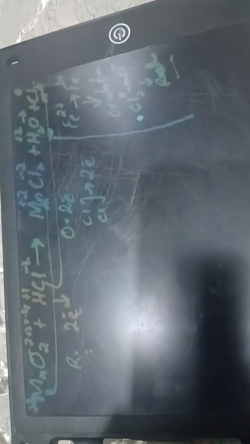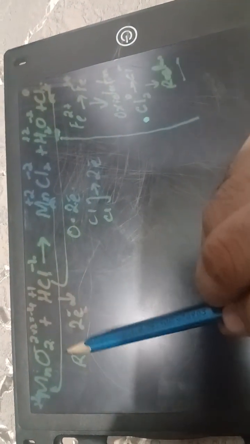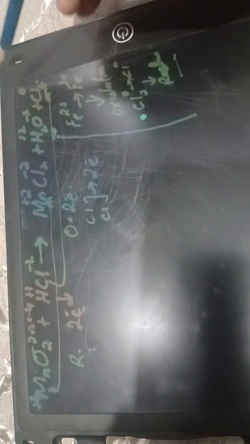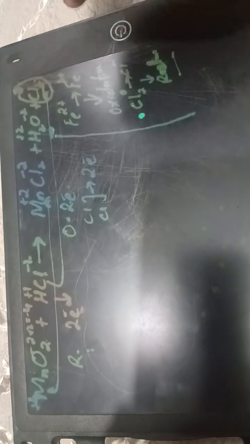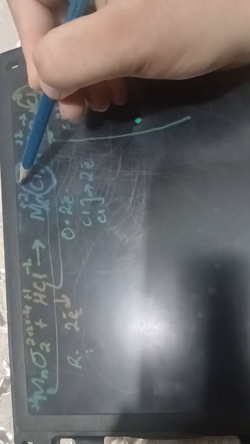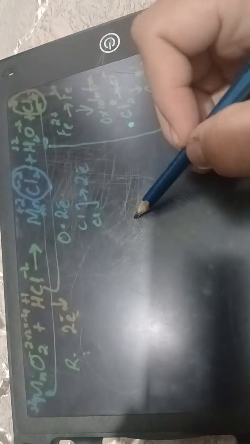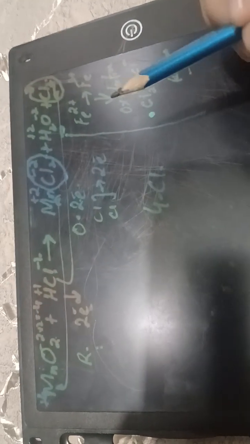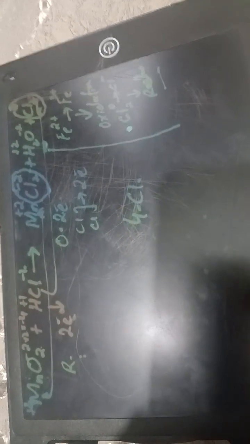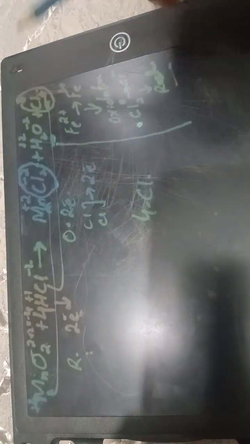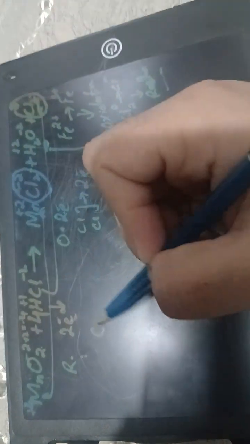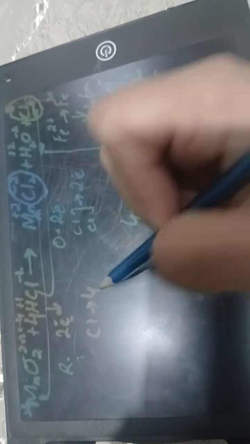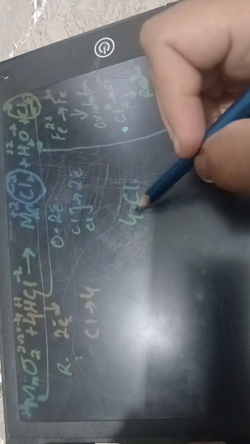Going towards chlorine, we can see Cl2 and 2 chlorines in manganese chloride. In total we have 4 chlorine atoms and we have to balance these on the reactant side, so we add 4 before HCl. Now 4 chlorines in reactants and 4 in product are balanced.